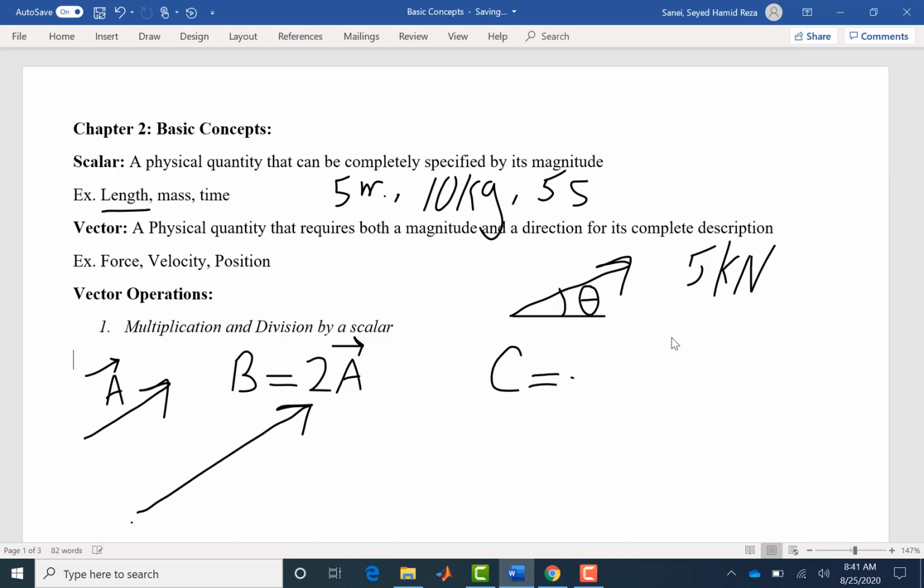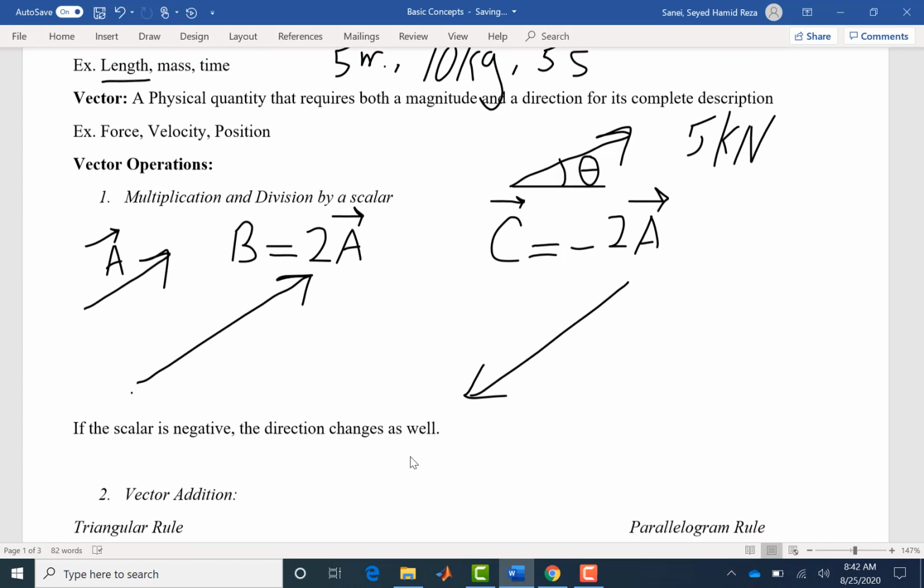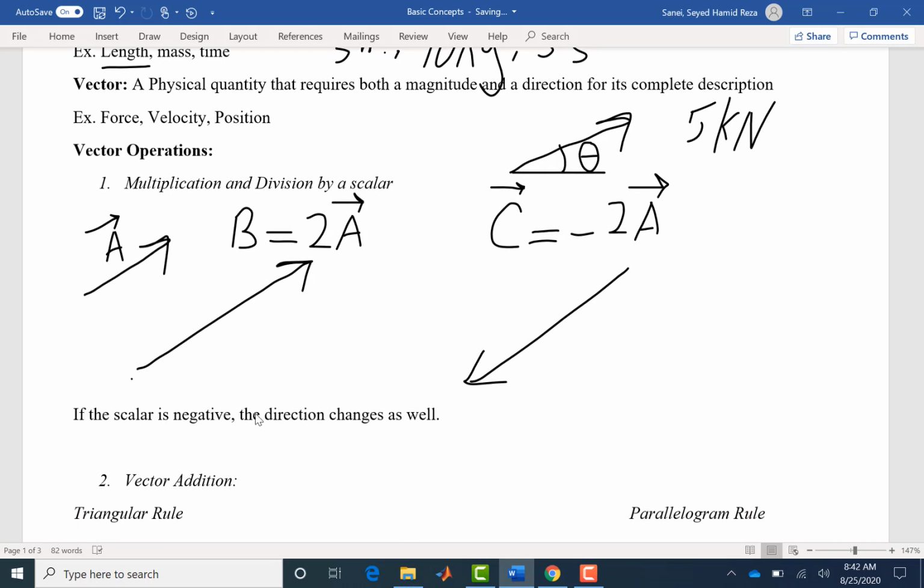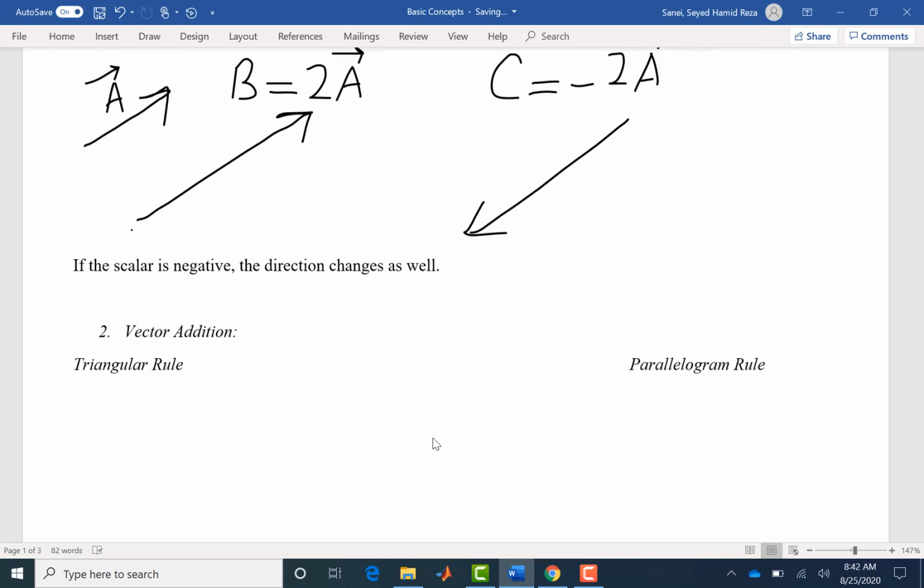If that scalar value is negative, then the direction also changes. So C would be twice as large as A, but also in the opposite direction. So C would be in this direction. And if you notice, I usually use a small arrow on the top indicating that's a vector. So here also I've written if the scalar is negative, the direction changes as well.